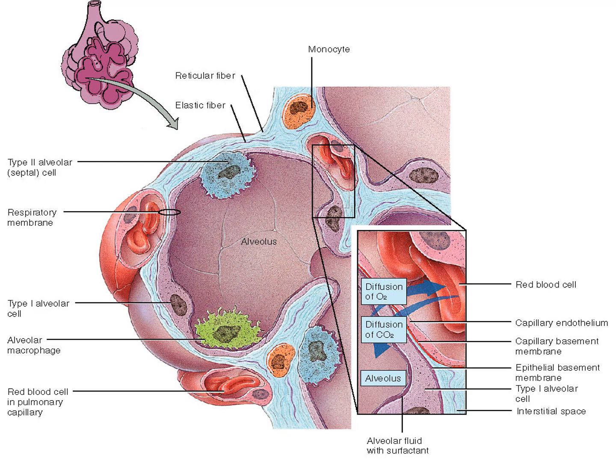So if we look at this schematic of a single alveolus, we can see these blue bits, these are the type 1 alveolar cells, so they're forming the bulk of the cells. We've got the respiratory membrane there, which we'll come on to in a second. We've got these septal cells, so this is what's producing the surfactant.